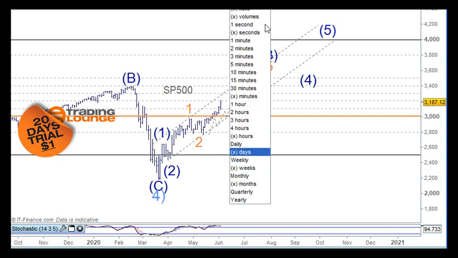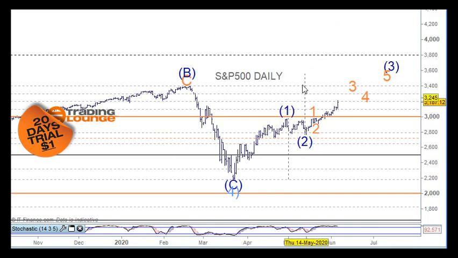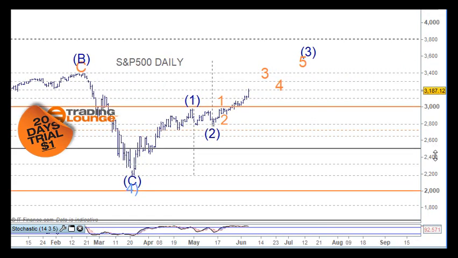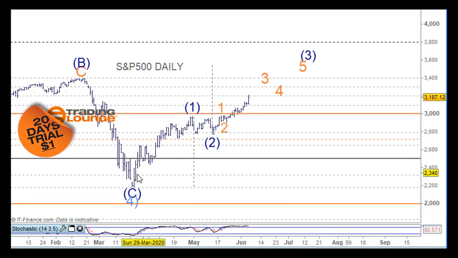The other count, of course, for this here is, yes, sorry, there's another way to count this as well. In this instance, we can count 5 waves up here for 1 and ABC for 2 here. Wave 2 is a bit shallow, so that bothers me a little bit.